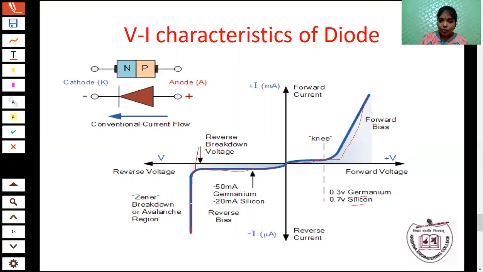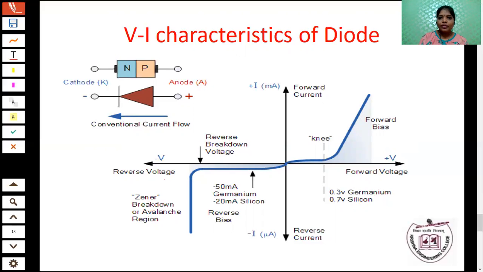This large current flow will damage our diode also. So this threshold is called the reverse breakdown voltage, or we can call it the Zener breakdown or avalanche region.